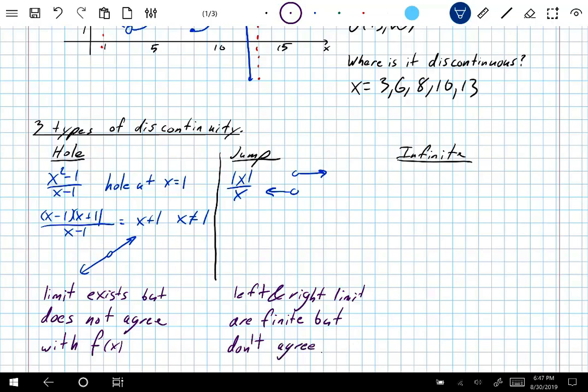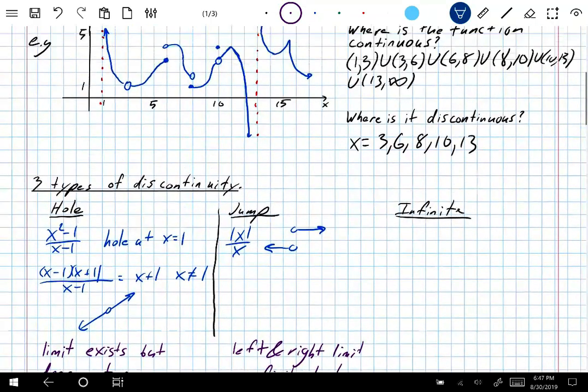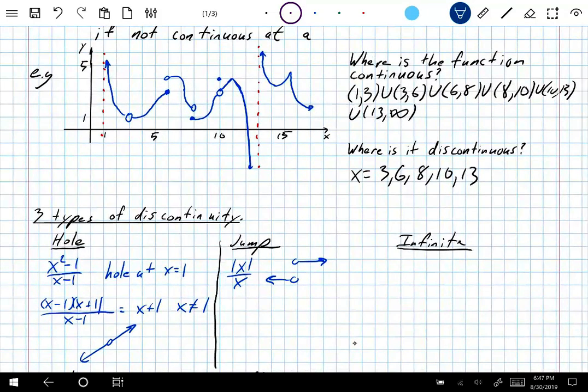And that's what we see here, that there is a left limit. In this case right here, it looks like the left limit is a 3 and the right limit is a 4, and those do not agree, but they are both finite. And so it would take a jump. You've got a leap from the lower one to the upper one, and here from the upper one to the lower one. So luckily for us, these words are describing what they really are.